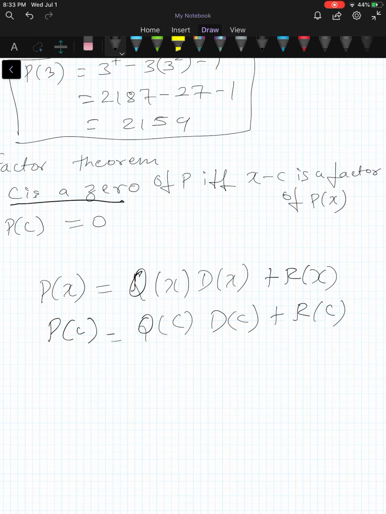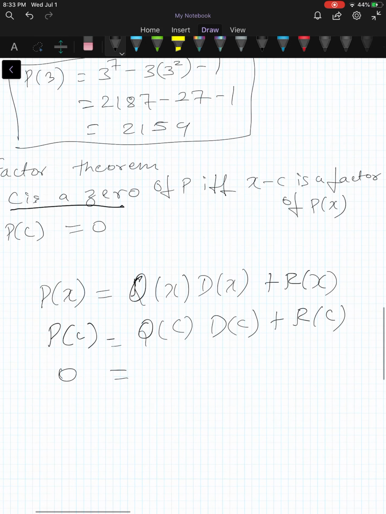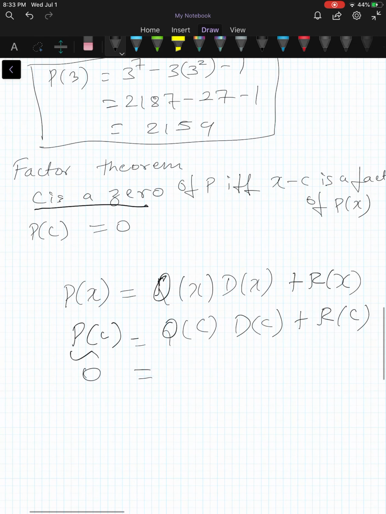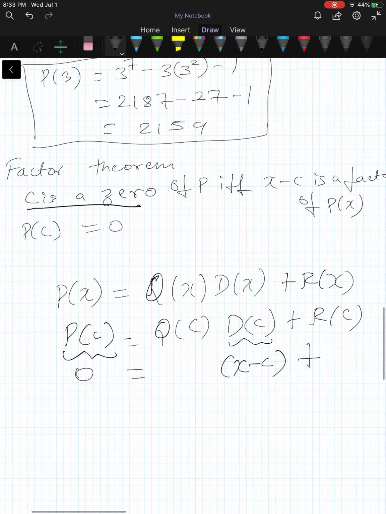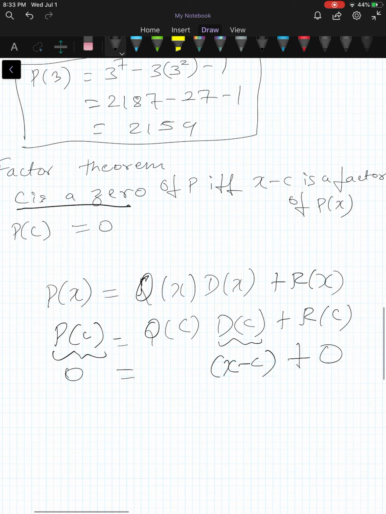So p of c is 0, and there is a perfect division. If p of c is 0, that means you are dividing the polynomial by x minus c and the remainder is 0.